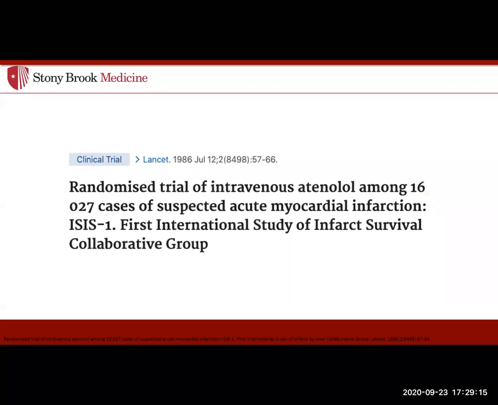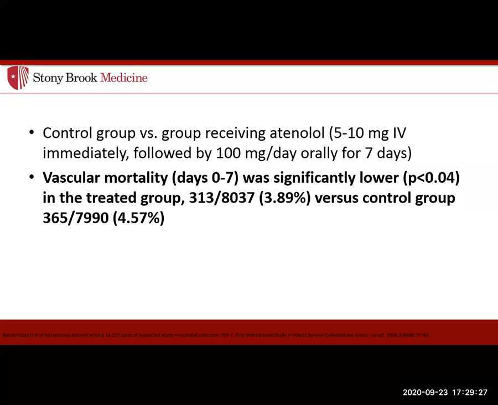The study that we're going to look at was a randomized trial of IV atenolol in acute myocardial infarction. This was the first international study of infarct survival. It looked at over 16,000 patients who were randomized to a control group or a group receiving atenolol.